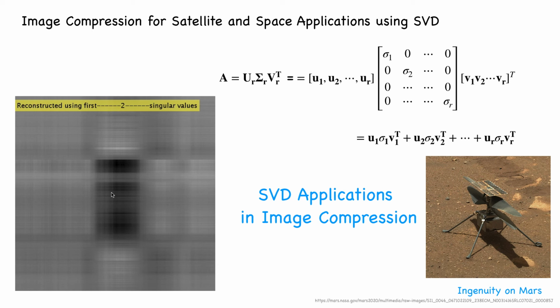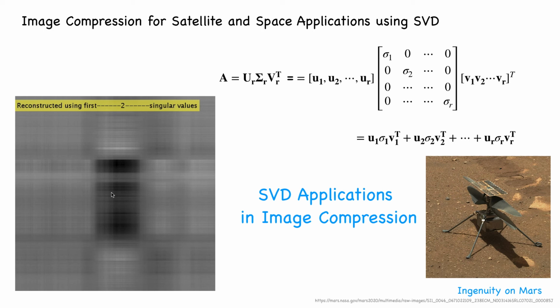And it is found that if you construct the matrix using the first few singular values, it is almost possible to reconstruct it. This is shown mathematically here, where A is U_r, sigma_r, and V_r transpose. Here the U matrix is no longer a square matrix.